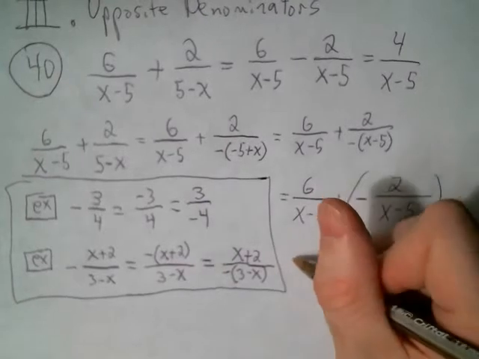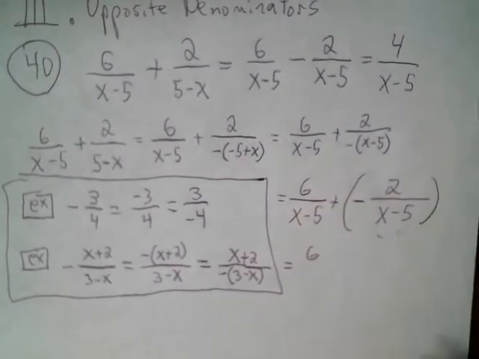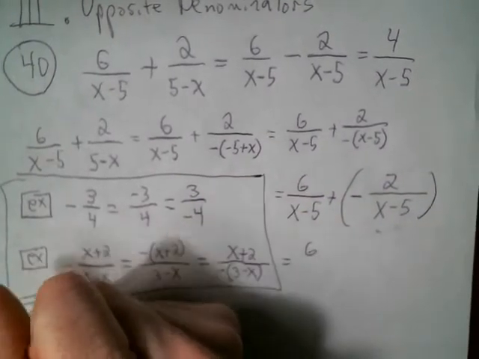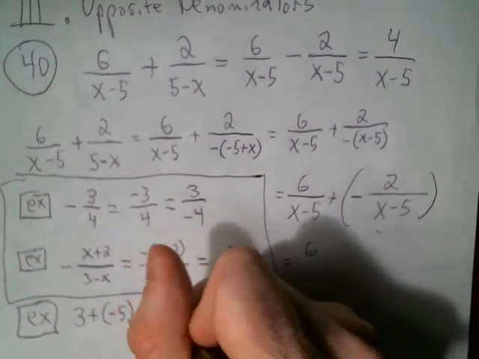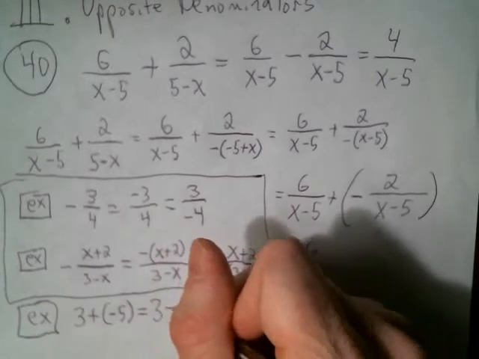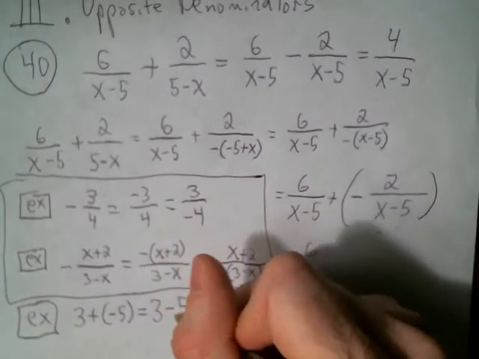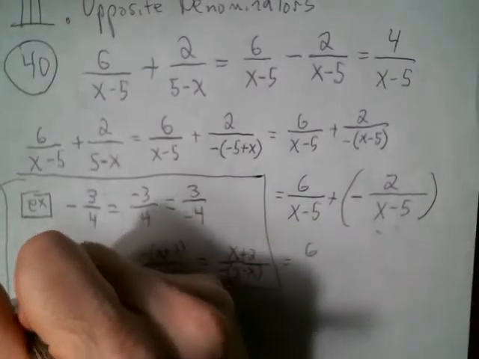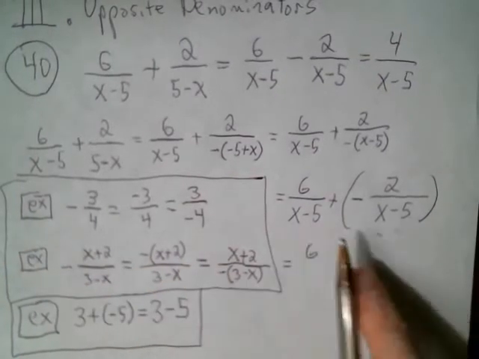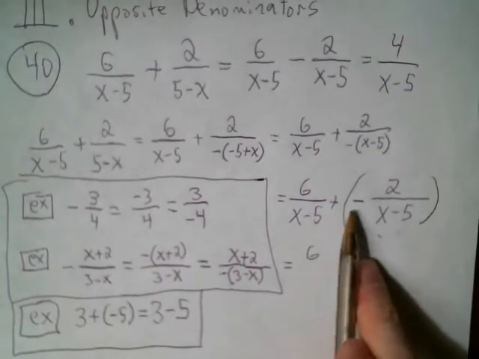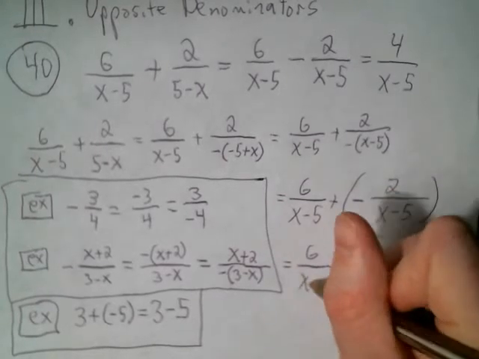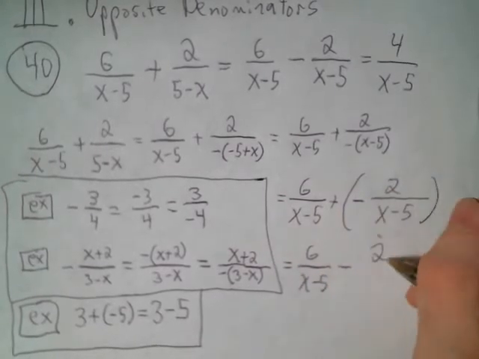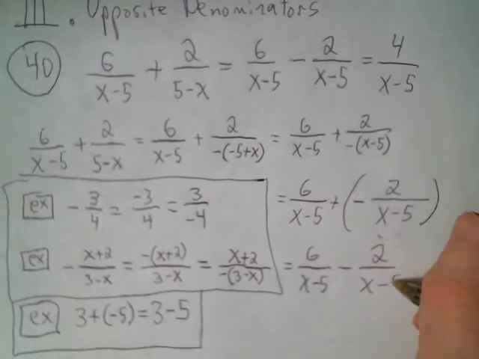Okay. And then at the end of the day, for example, if you had 3 plus negative 5, we know from arithmetic that we can write that equally as 3 minus 5. So here I have 6 over x minus 5 plus negative 2 over x minus 5. I can rewrite that as 6 over x minus 5 minus 2 over x minus 5.